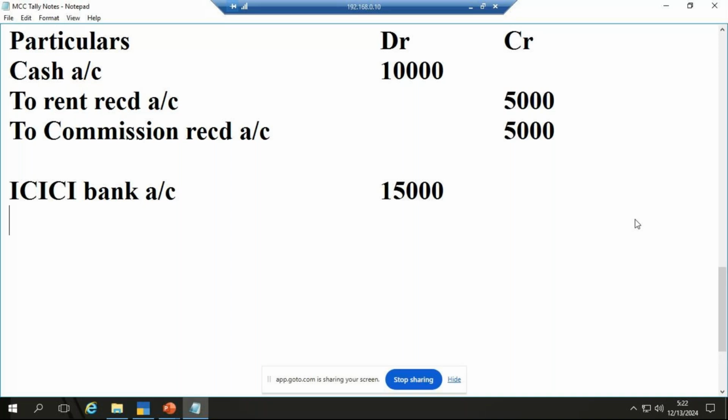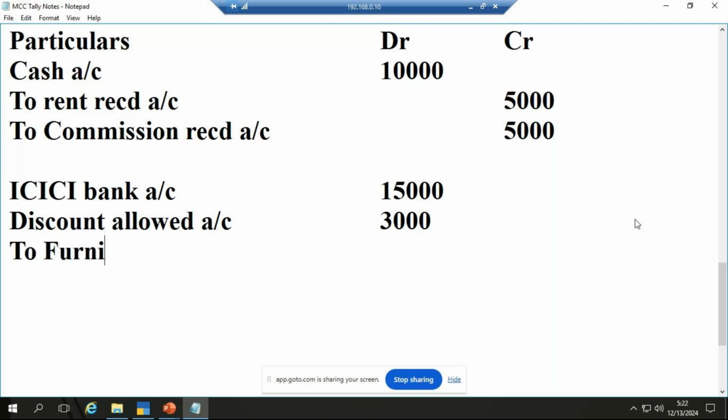One more thing, that is discount allowed account debit 3,000, to furniture account, because furniture is going out of the business, so 18,000.